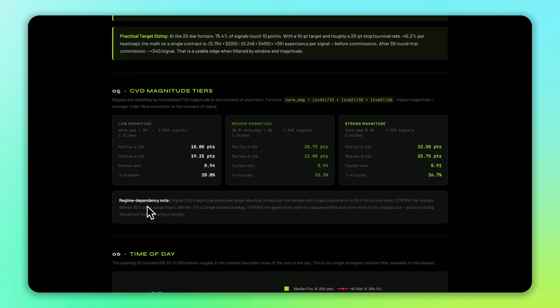And yeah, there's a little note here with regime dependency. The higher CVD moves obviously produce bigger moves in your favor, but the ratio of moving in your favor versus not stays the same, right? And so that's good for risk management. Look for the stronger crosses in CVD, and those are the ones that you can kind of hang on to. So that's good.